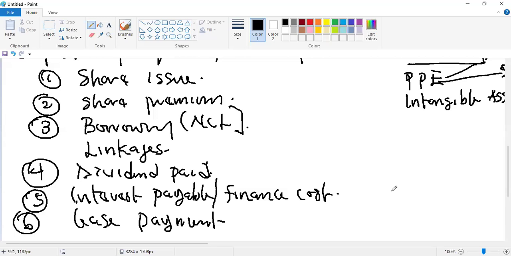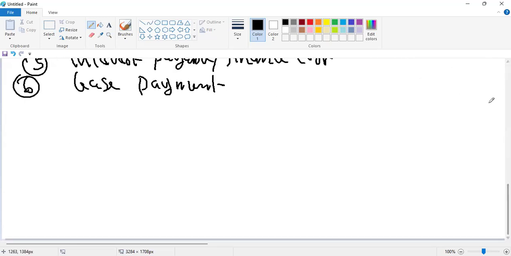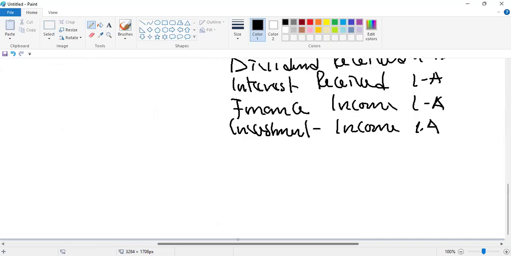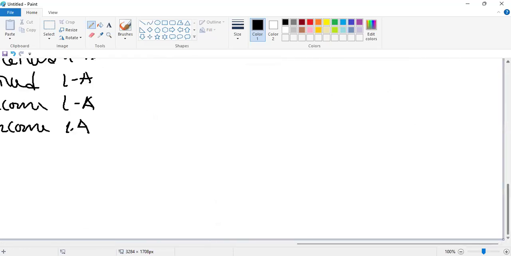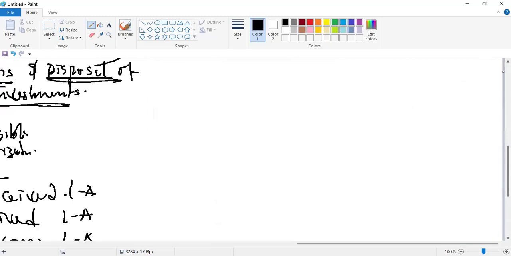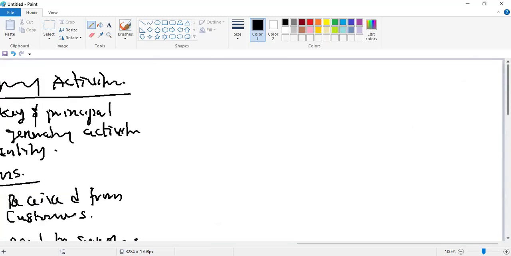Now, before we go further, which information do I need to prepare a cash flow? Anybody want to test my knowledge about the statement of cash flow?